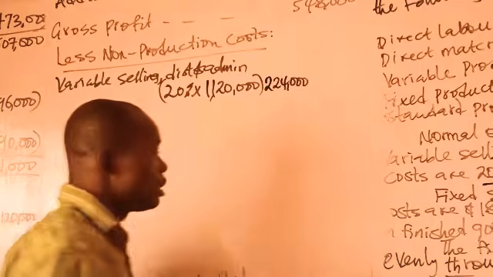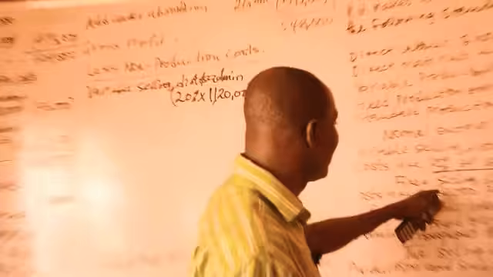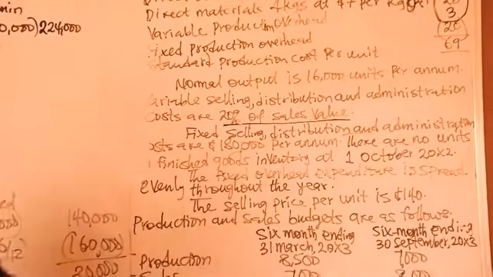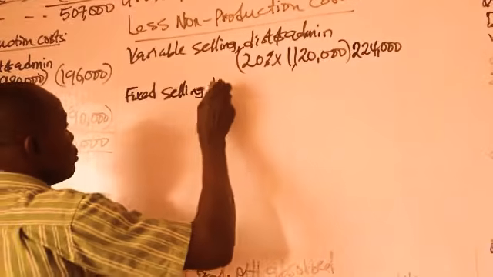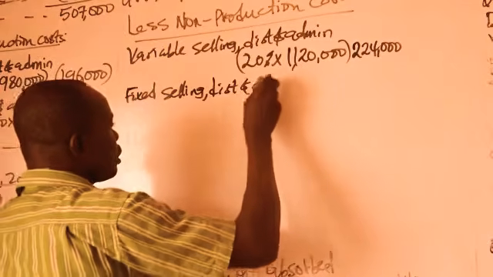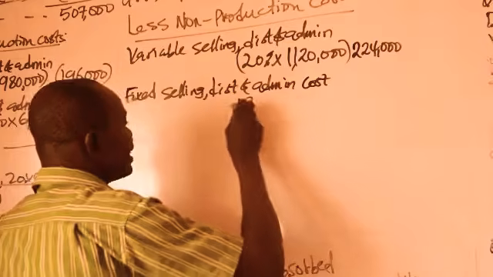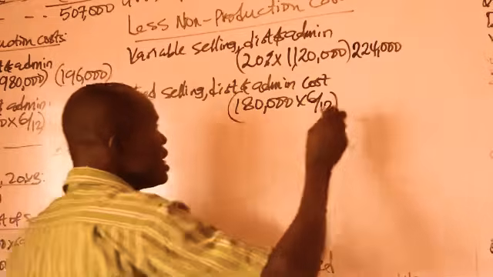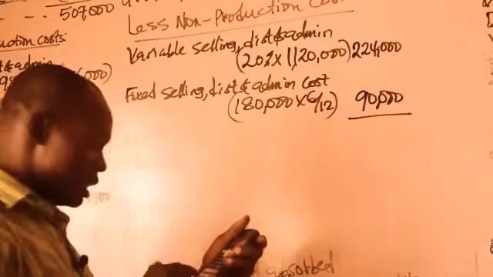Other non-production costs we have include fixed selling, distribution, and administration costs, and we're told it's 180,000 per annum. So for 6 months now, it will be 90,000.